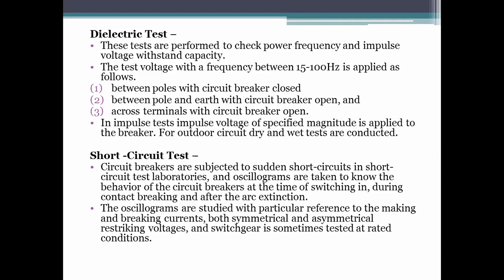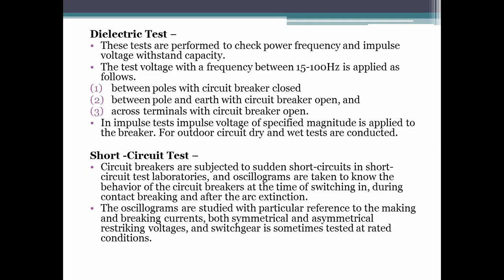These are tested by using oscillograms, and the oscillograms are studied with particular reference to the making and breaking currents, both symmetrical and unsymmetrical, restriking voltages, and switchgear is sometimes tested at rated conditions.